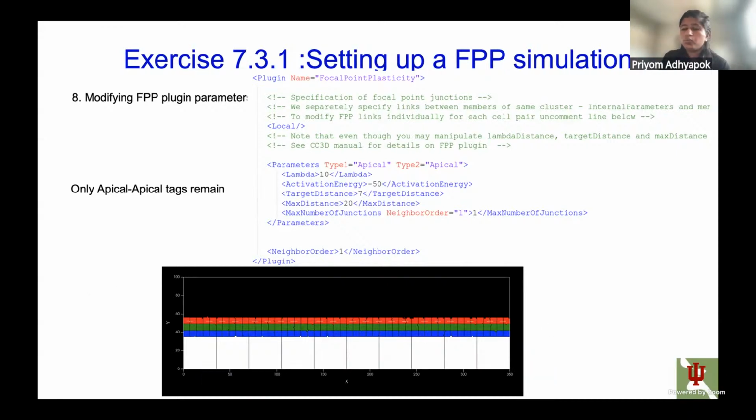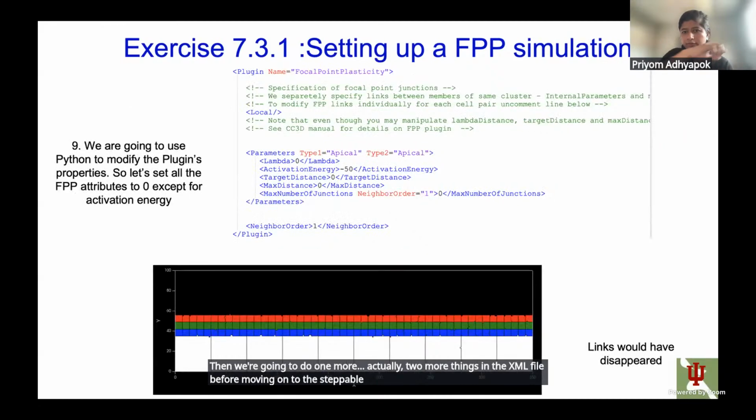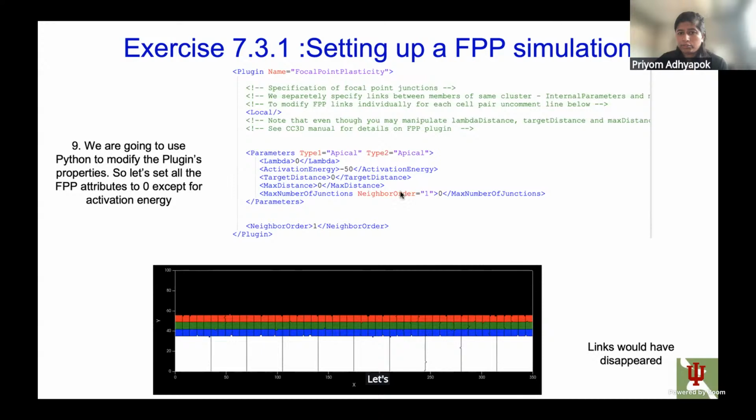Then we're going to do two more things in the XML file before moving on to the steppable. The first thing is, let's set all of these parameters to be 0 in the XML file. It's because we want to create new properties for all of the FPP links, and we'll be doing it in the steppables.